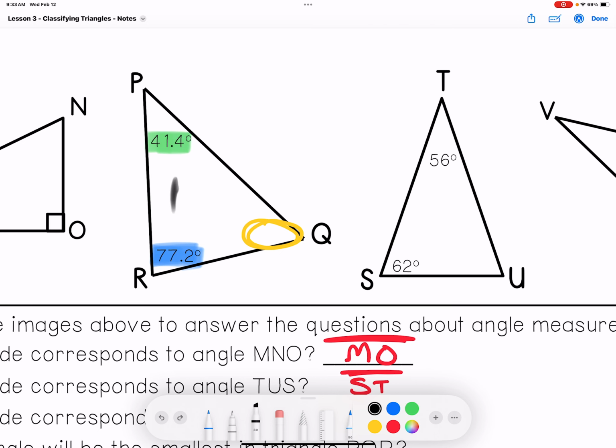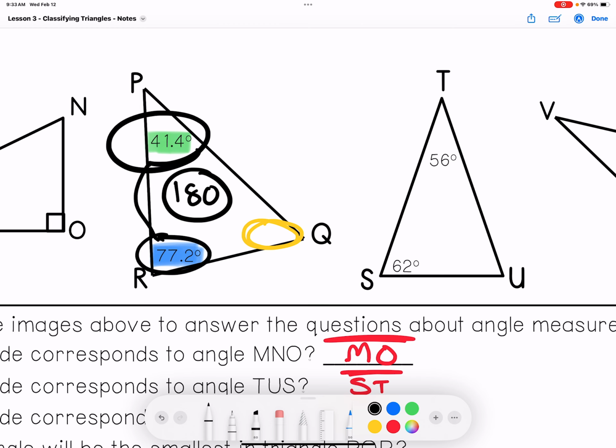The inside of it, when you add them all up, is always 180. Why is that the case? Because if you unfold all of those angles, then it makes a straight line. Anyways, so it's 77 plus 41 gives you, I don't know. Let's add them up.